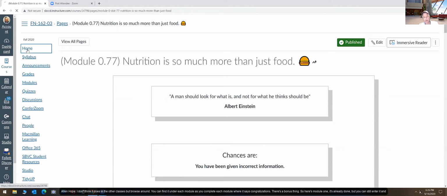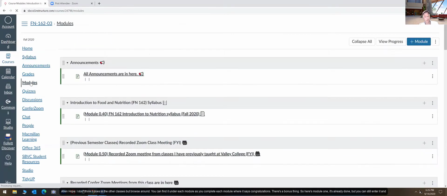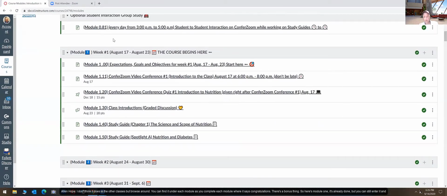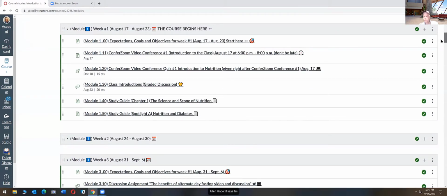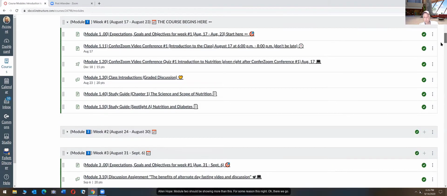But browse around. You can find, under each module, as you complete each module, where it says congratulations, there's a bonus thing. So here's module 1. It's already done, but you can still enter it. It says module 2.